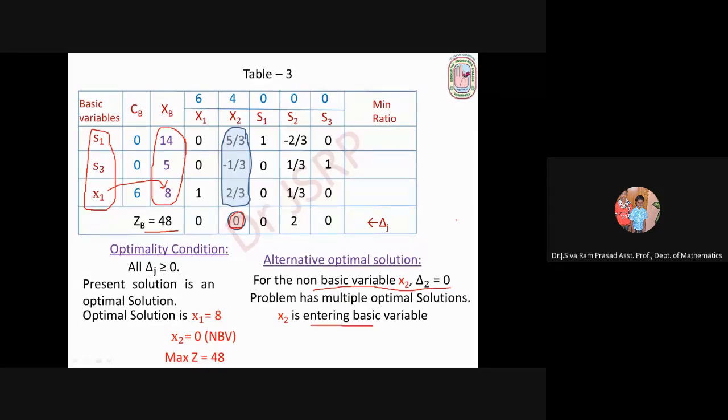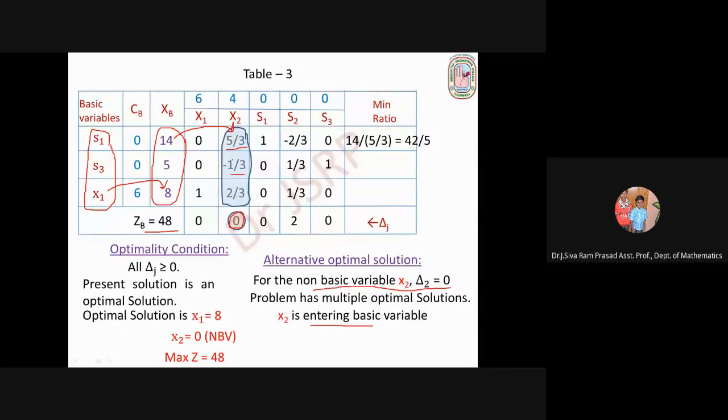Right. How do you find the leaving basic variable? As usual, using the minimum ratio test. What is the minimum ratio test? Consider positive entries in the pivot column. So this 5/3 is a positive entry. We consider this 5/3 and take the ratio with the solution: 14 divided by 5/3. This is 42/5, so 3 into 14 over 5. And this entry is negative.